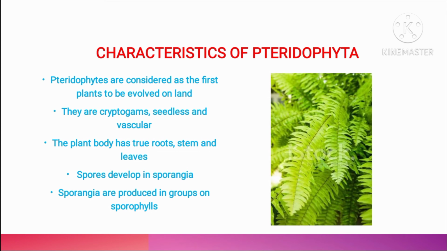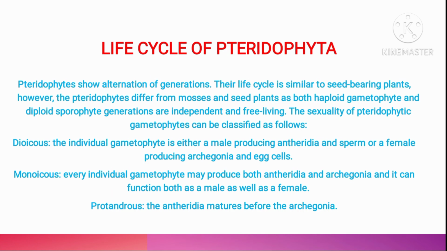Characteristics of Pteridophyta. Pteridophytes are considered as the first plants to have evolved on land. They are cryptogams, seedless, and vascular. The plant body has roots, stem, and leaves. Spores develop in sporangia. Sporangia are produced in groups on sporophytes.